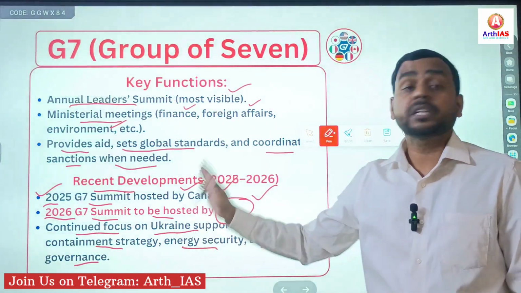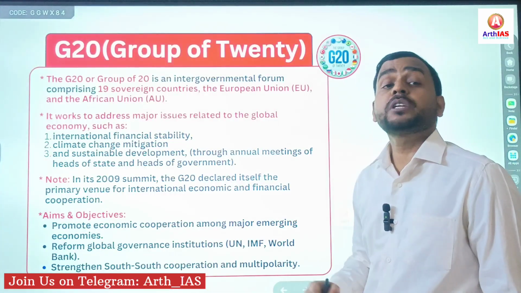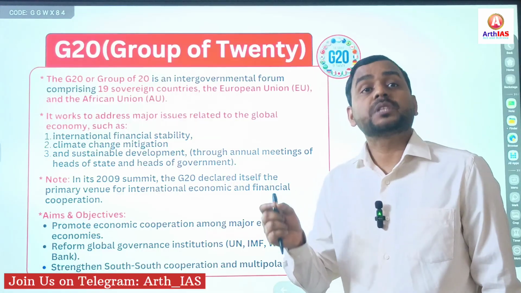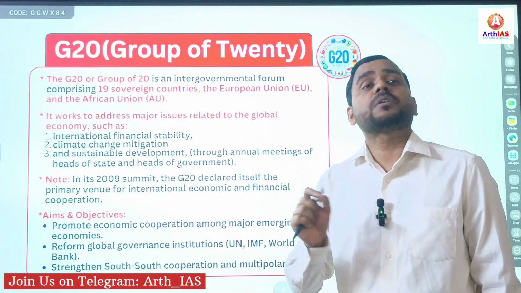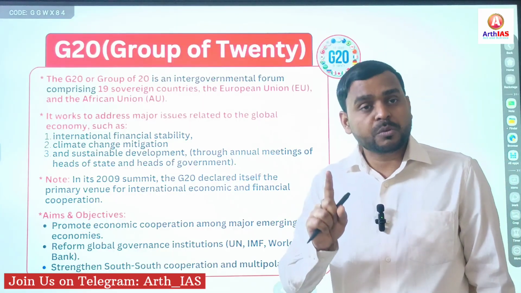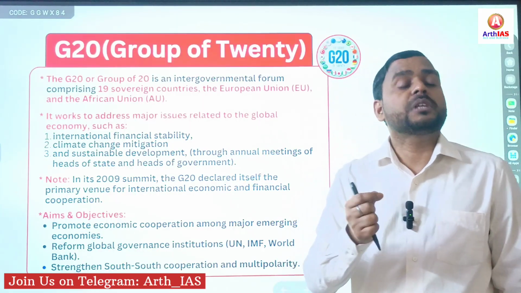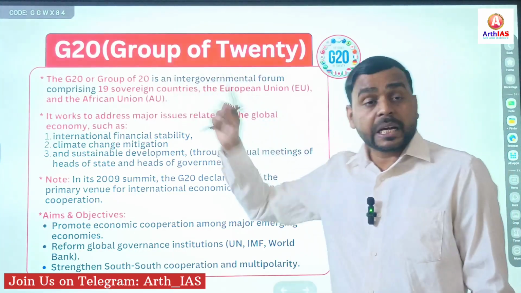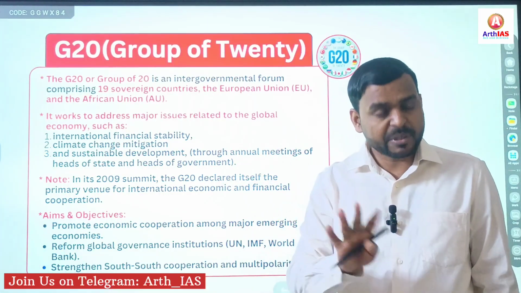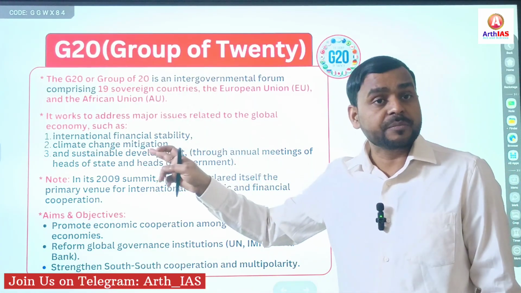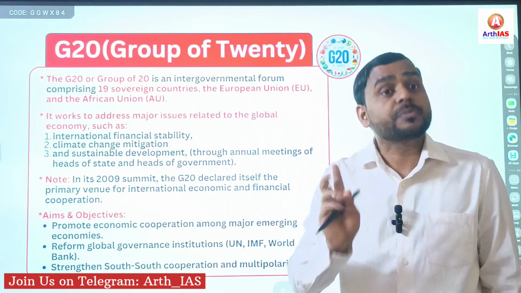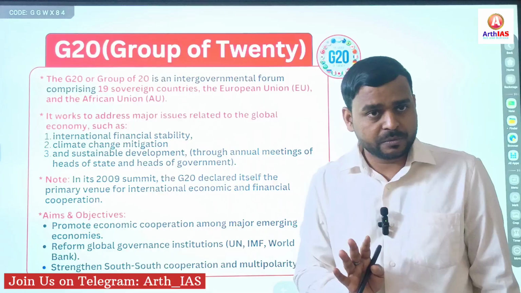So this was all about G7. Now we will discuss G20. Like G7, the full form of G20 is Group of 20. But here you have to be careful, and one notable point I am telling you in the beginning: unlike G7, which has 7 countries, G20 includes 19 countries plus the European Union and now the African Union also.